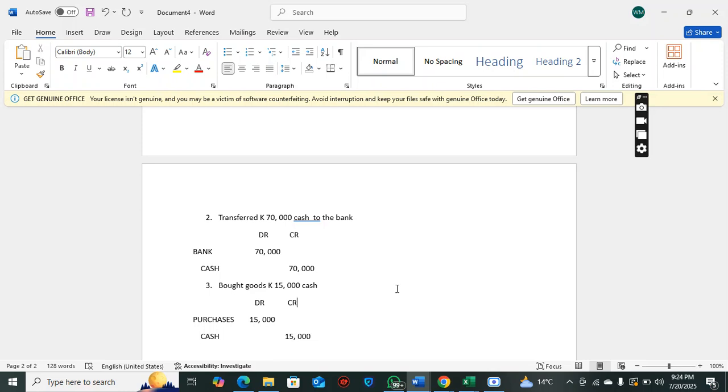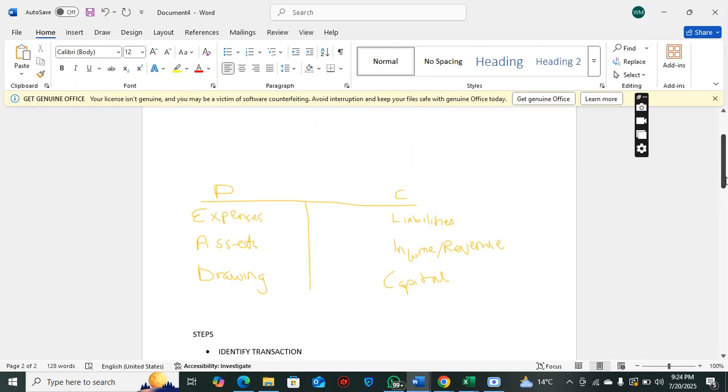We have to determine which one is increasing or decreasing. In this case, purchases expense is an increase in an expense. Since we're paying out cash, there's a decrease in cash. Then we apply the double entry rules. Increase in expenses, you debit, so you're going to debit purchases. Cash is an asset. Decrease in an asset, you credit.